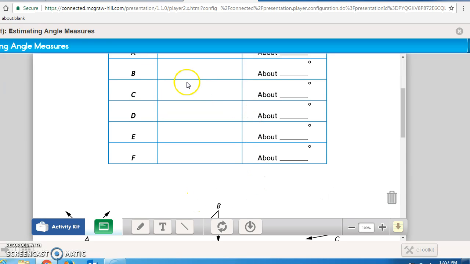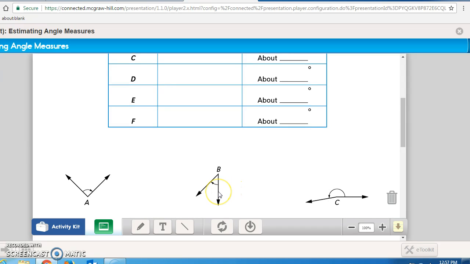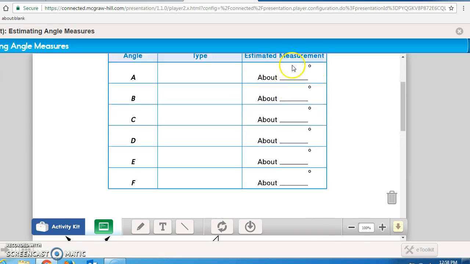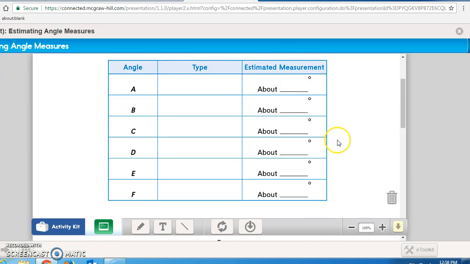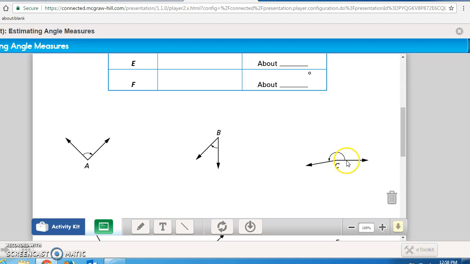So that should give you a hint to what word should go here. Then you need to check it out and see, well, how big is this angle in here versus this angle here? And that should help you to estimate what degrees that angle is. C, take a look back. I drew a straight line with the straws, and I said if it is exactly a straight line, or 180 degrees, it's called this.